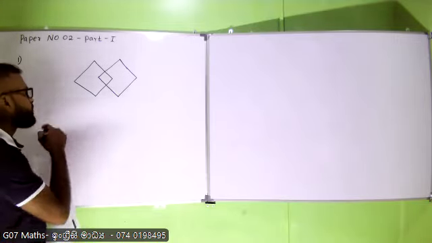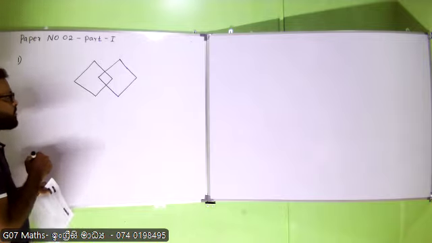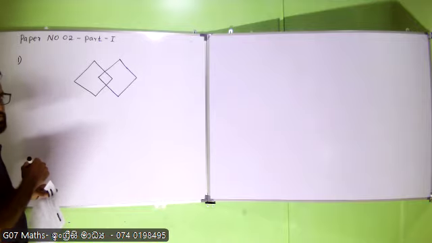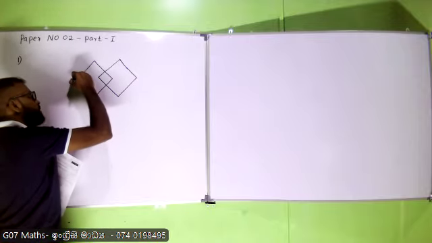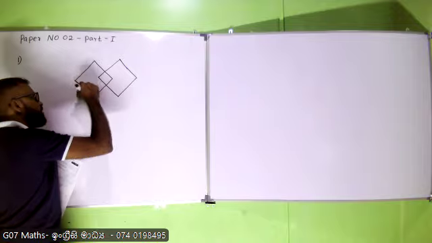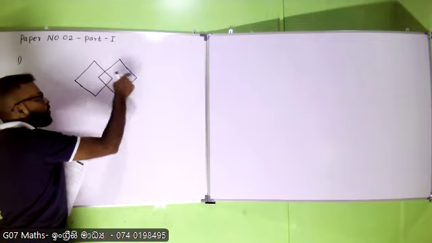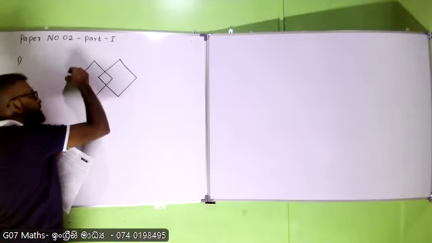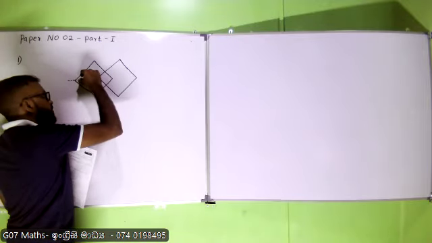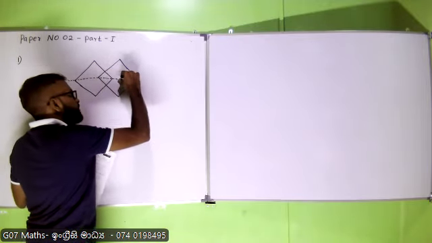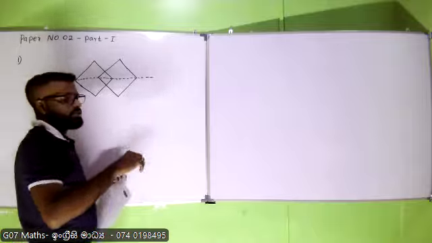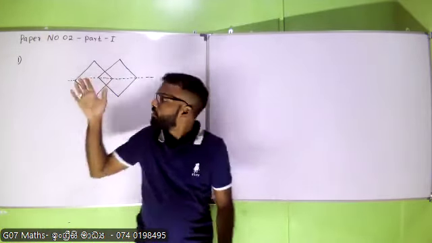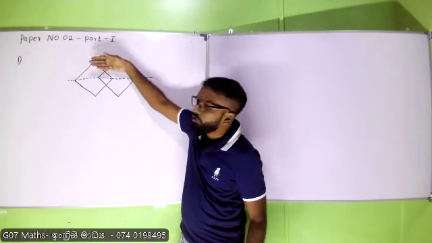By looking at this figure, you can find some symmetrical axes. By joining these 1, 2, 3, 4 vertices, you can draw one of the symmetrical axes.